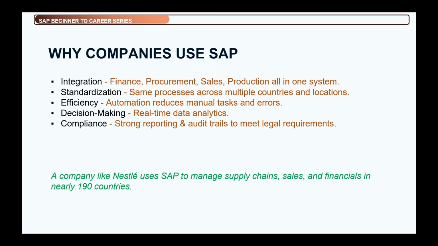Once the procurement department has done the ordering, there is no visibility to other departments on this ordering process. But with an ERP system, once the procurement department has done the ordering process, there is visibility to other departments as well.